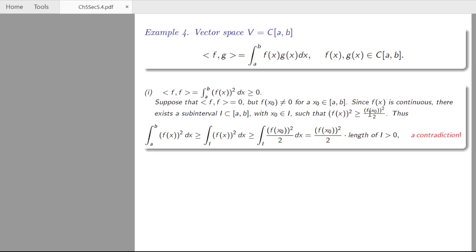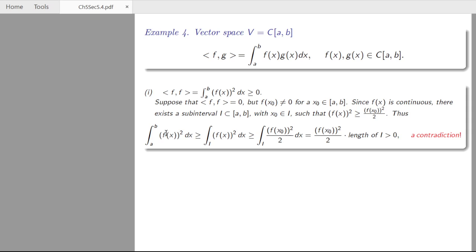Then we can say the integral from a to b of the square of f(x) should be greater than or equal to the integral of the square of f(x) over I, which means we consider only a part of the integral from a to b, namely the subinterval I. Why do we get this inequality?